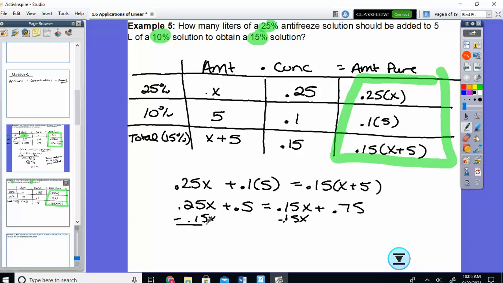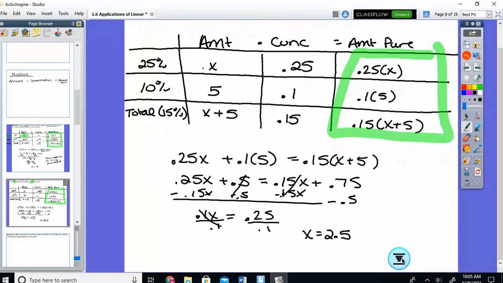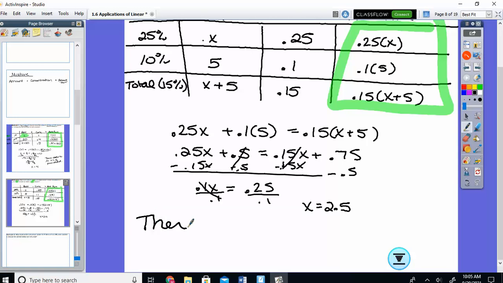Solve that equation. So our X is 2.5. The question was how many liters of 25%? That's what my X is. So you write a sentence.